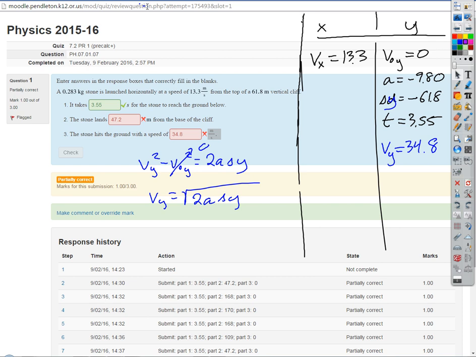So now we've got this horizontal component of velocity, which is 13.3, and this vertical component of velocity that is 34.8, and we're trying to find V final. Make sense?